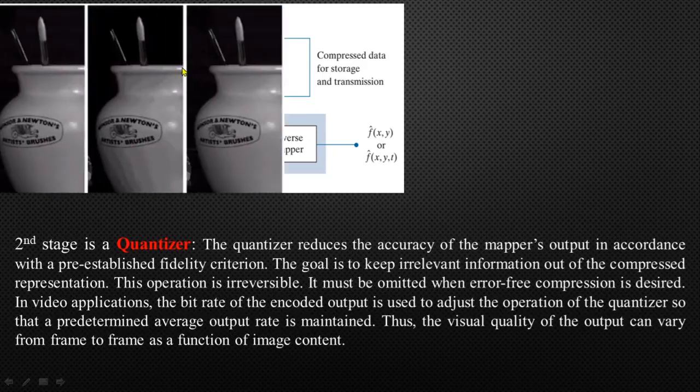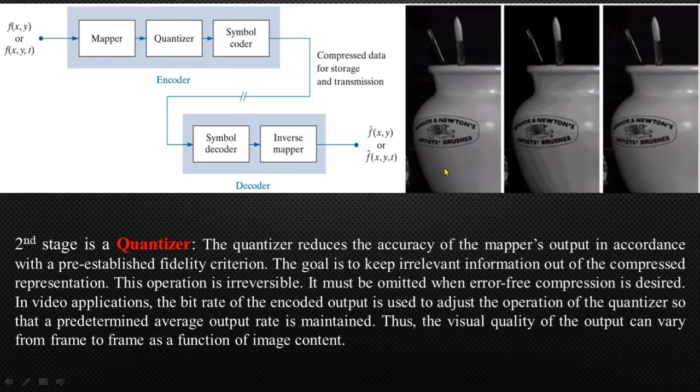For example, this image is represented using 256 gray levels, and the intensity values are quantized to 16 levels in the other image. There is no variation that can be identified by the human visual system. That redundancy can be reduced by this quantizer.